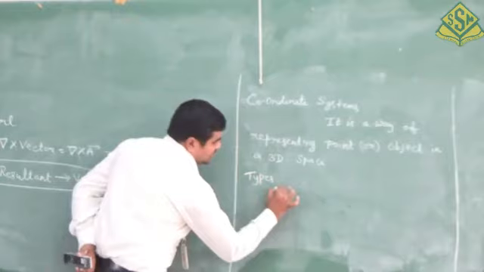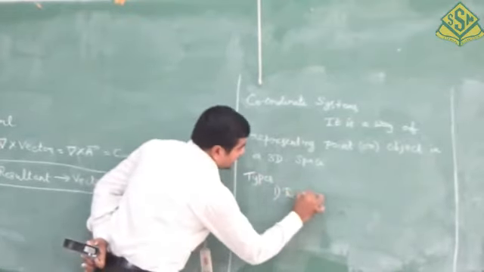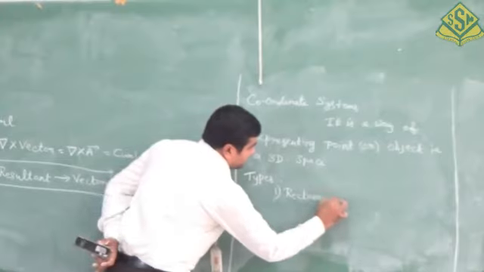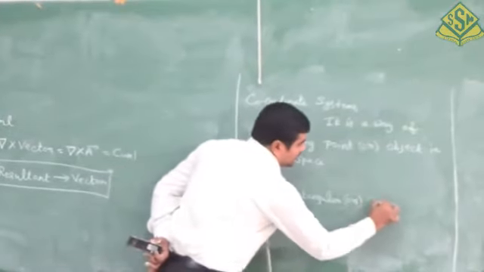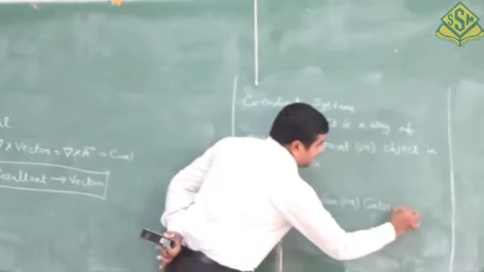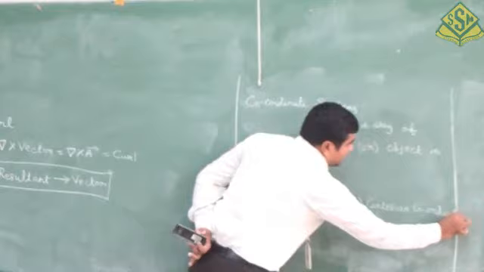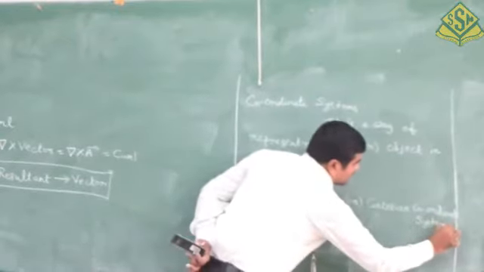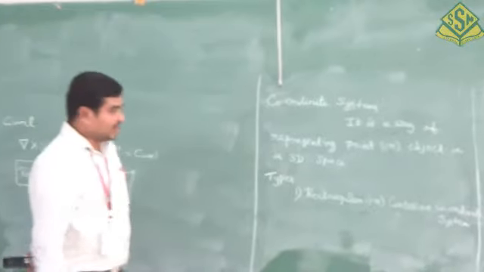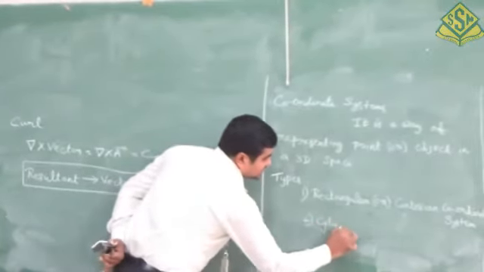The first one is the rectangular or Cartesian coordinate system. The second one is the cylindrical coordinate system.